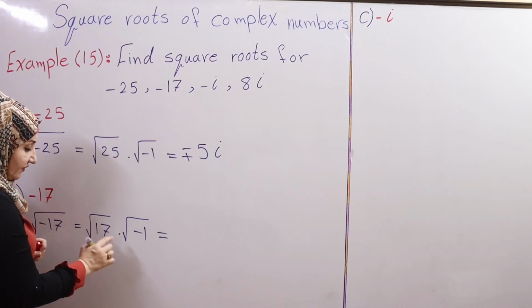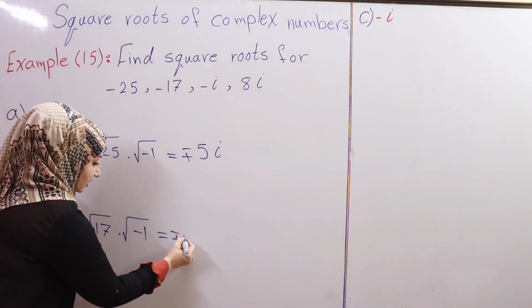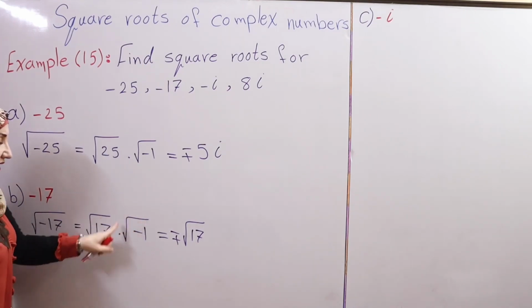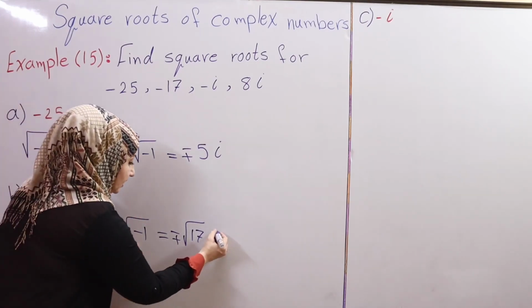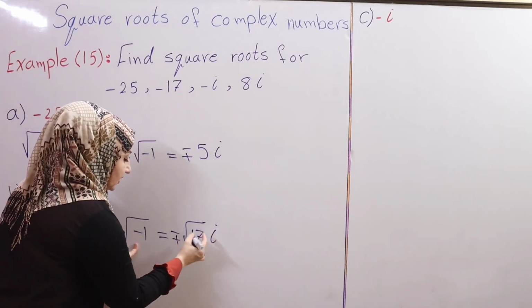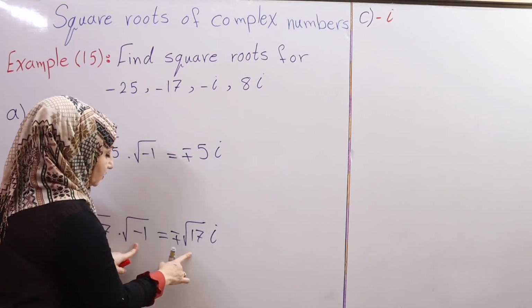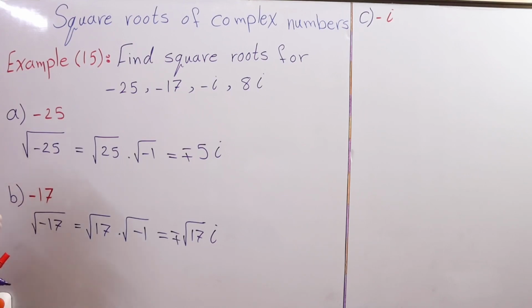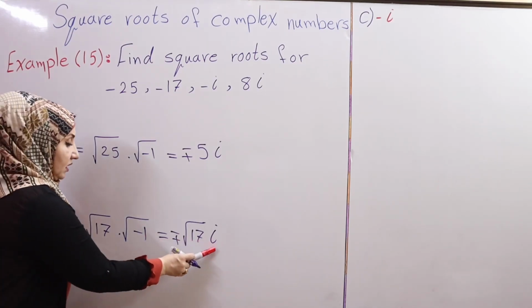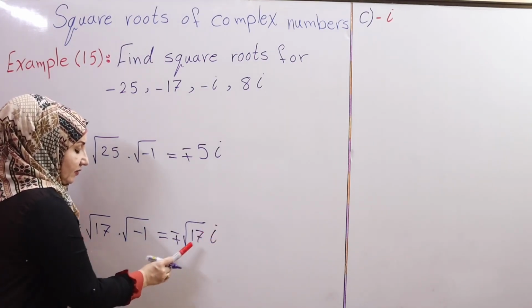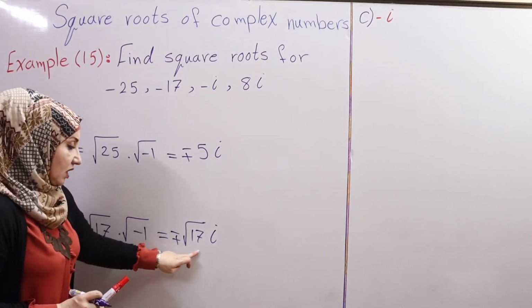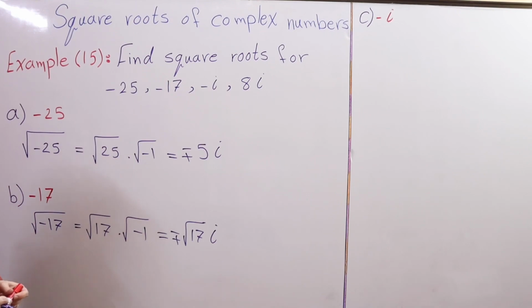The square root of 17 stays the same, and the square root of negative 1 is i. So we get two roots, but they are complex, because there is an imaginary part.